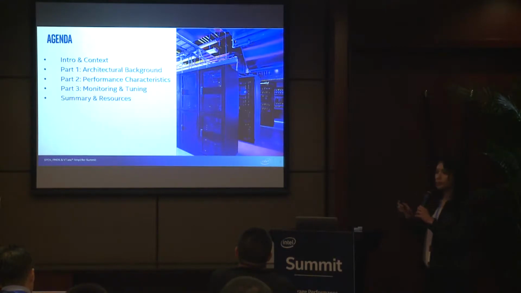And also some tips on monitoring and tuning and what tools you need to use to monitor your application. So there are 2 parts of my presentation. You have seen in the paper that there's part 1 and part 2. For part 1, I'm going to cover the architectural background, and parts 2 and 3 will be in the second part of my presentation. And of course, there's a page on summary and resources as well.